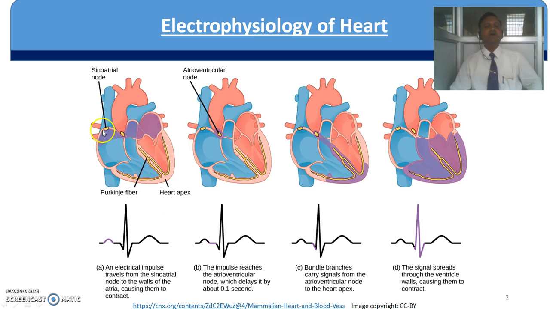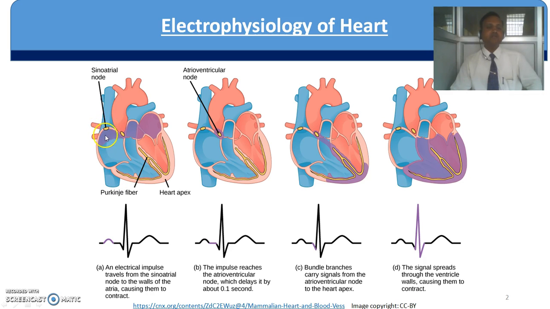When an impulse is generated in the sinoauricular node present in the right atrium, it traverses the pathways between the atrium and ventricle and the walls of the ventricle. Along the passage of this impulse, the cardiac muscles get excited, depolarized, and then in response to this depolarization, there is contraction of the muscles.